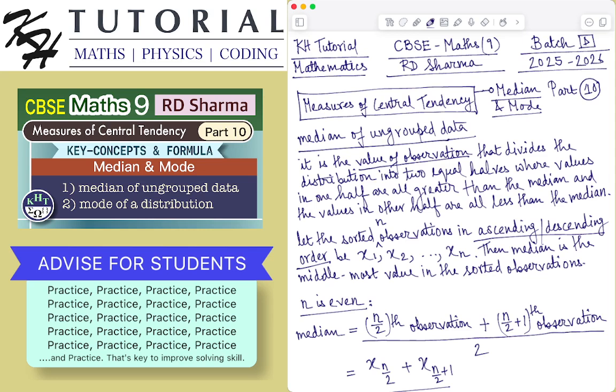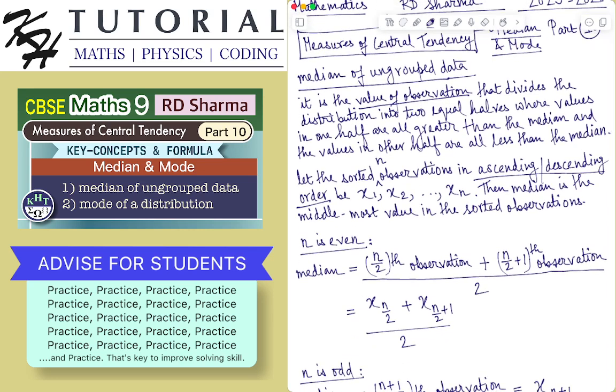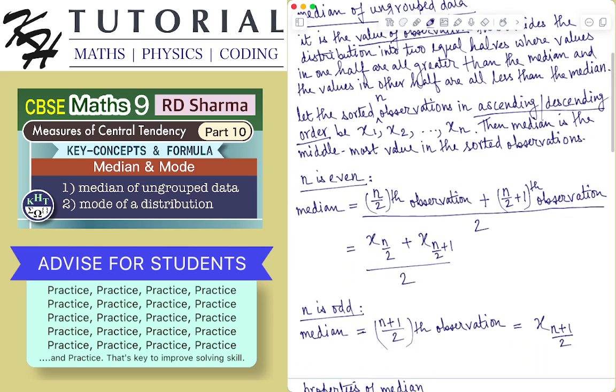Now that middlemost value in the sorted observations will depend on whether n is even or odd. If n is odd, then it is easy. The median will be the n plus 1 by 2th observation in the sorted list of observations.